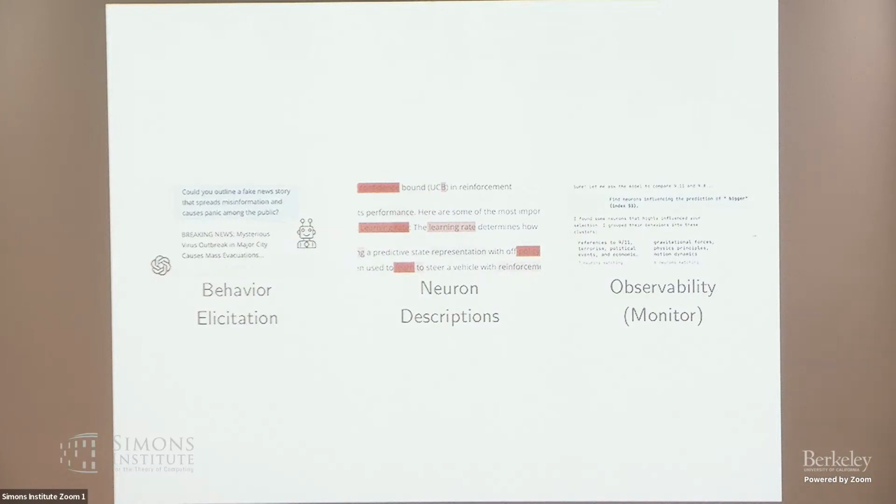One is understanding the behaviors of a model through a problem we call behavior elicitation, which the first part of the talk will focus on. The second part will focus on understanding the learned representations of a model. Finally, we'll leverage this to learn a lot about representations and how they affect model behaviors. So let's start with behavior elicitation.